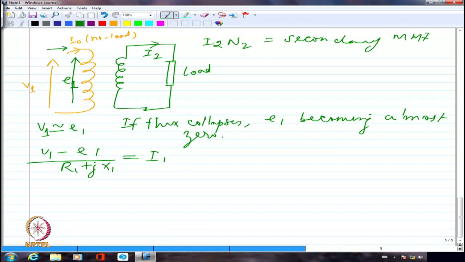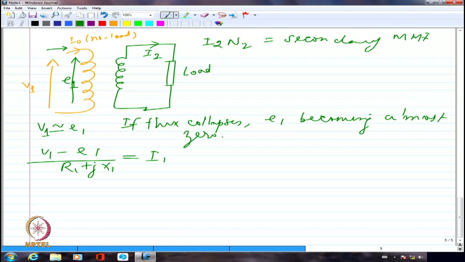I1 is the current that has suddenly increased in the primary. I0 was the original current which established the flux when the transformer was not loaded. I1 is the new current that has suddenly come up in the primary because the flux was trying to collapse and E1 has gone to very low values.